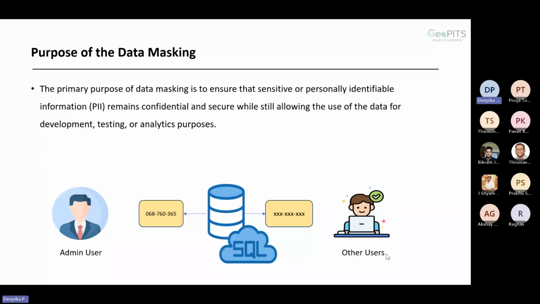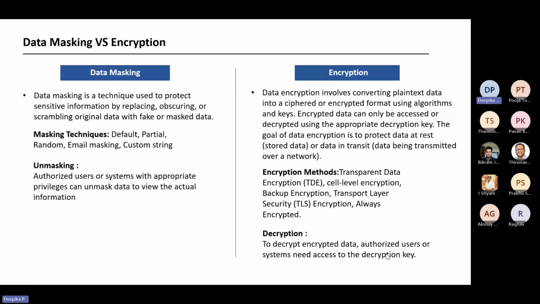Before diving deeper into data masking, let's discuss the difference between data masking and encryption, so we can clearly discuss data masking. Both data masking and encryption aim to protect data from unauthorized users, but each approaches it in its own way. First, data masking, as we discussed in the last 2 slides, protects sensitive data by replacing or hiding the data.